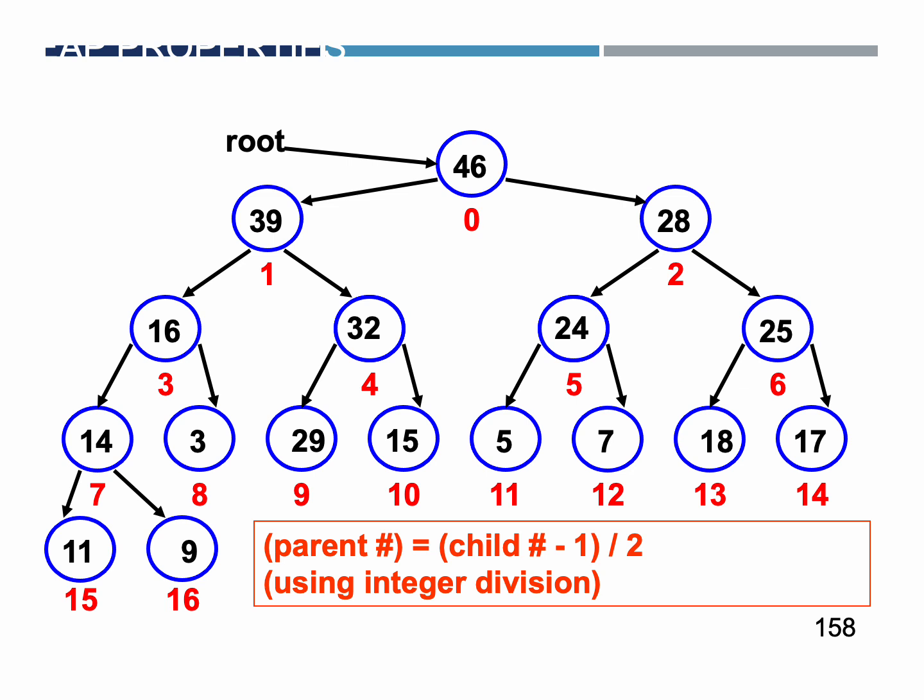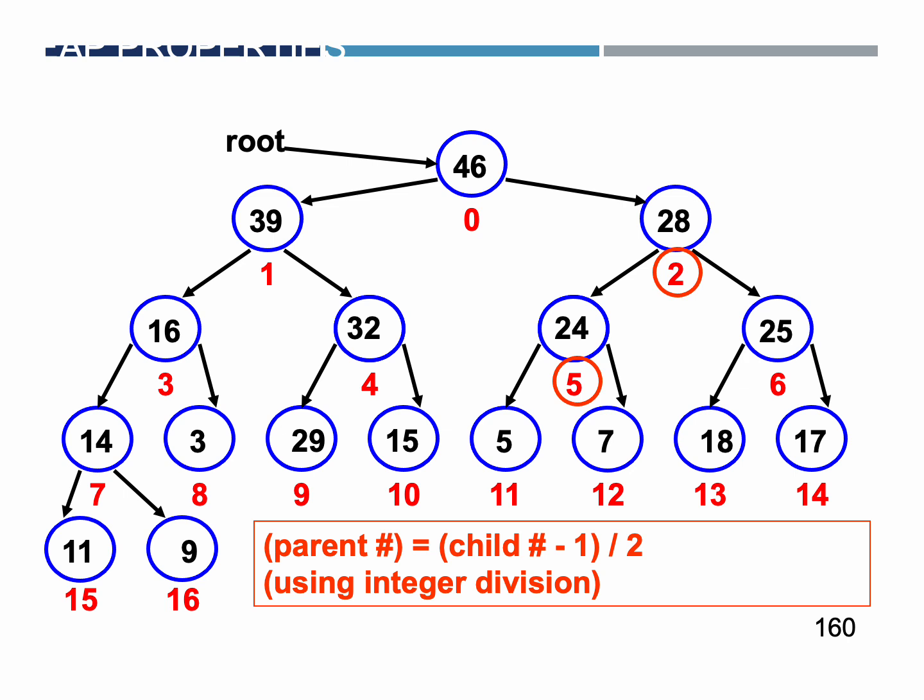Then you will get the parent address. If you look at this one, the child is 13. 13 minus 1 is 12, and 12 divided by 2 is 6. So 6 is the parent index. This is how you can find the parent from the child.